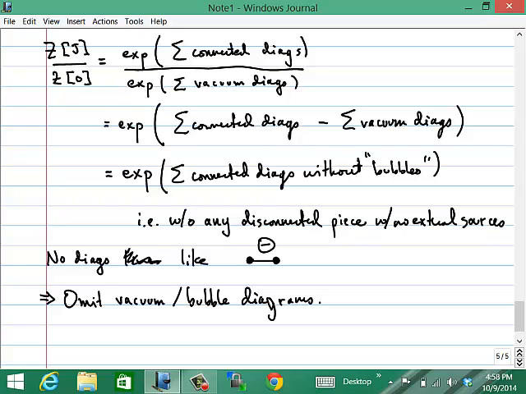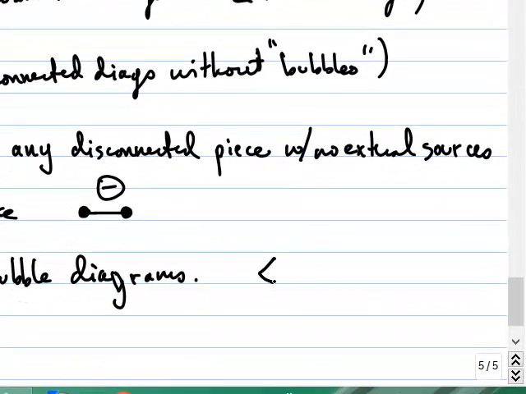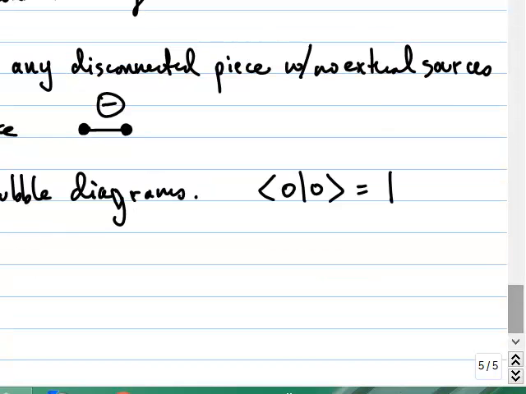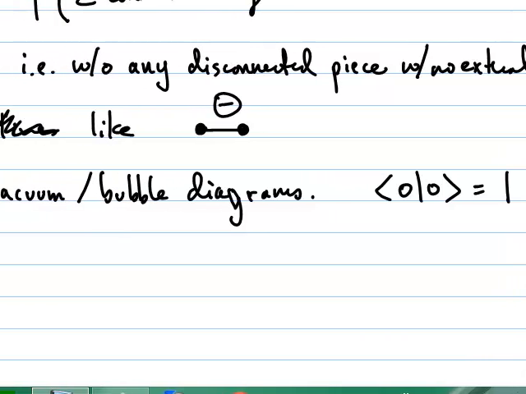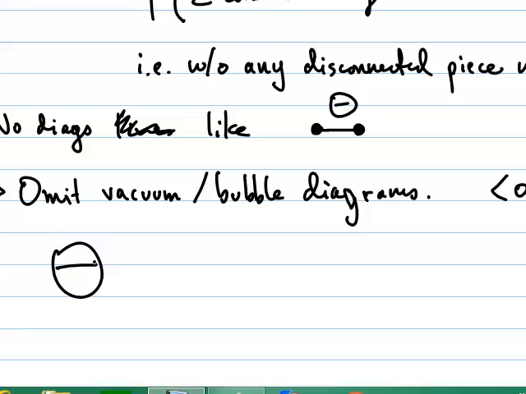We see here that the elimination of vacuum diagrams comes when we normalize the ground state of the theory. Dividing by Z of 0 was necessary because we needed to enforce the condition that the vacuum state was properly normalized. So just to reiterate, a diagram like this has no external sources, so it's some contribution to the norm of the ground state. And if you normalize the ground state, then you're basically just subtracting this off.